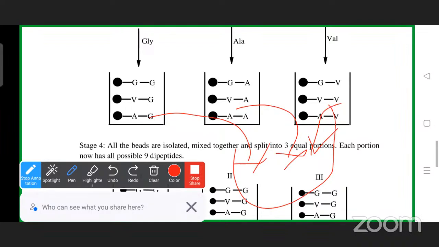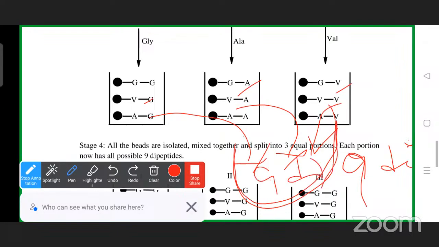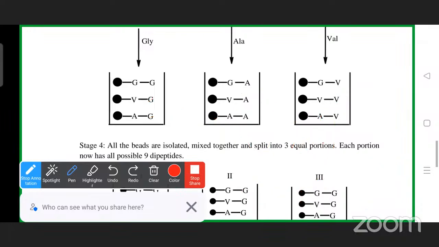Now how many dipeptides are there in your big reaction vessel? Here is three, here is three, here is three. Total 9 dipeptides are there in your big reaction vessel, right?